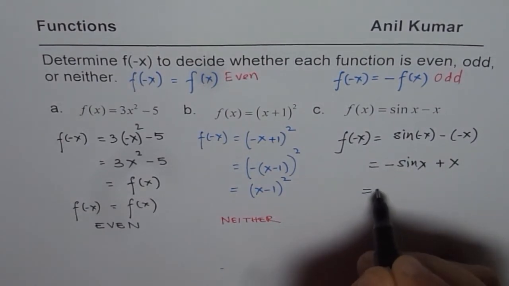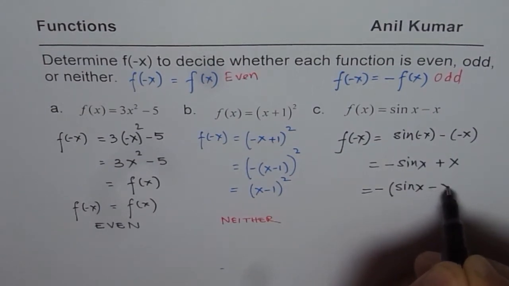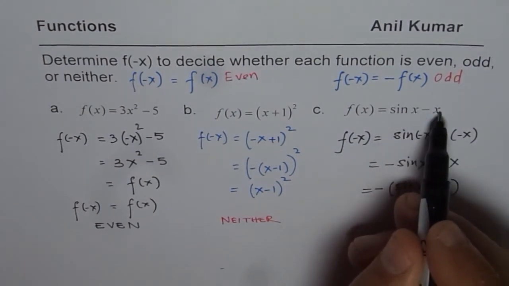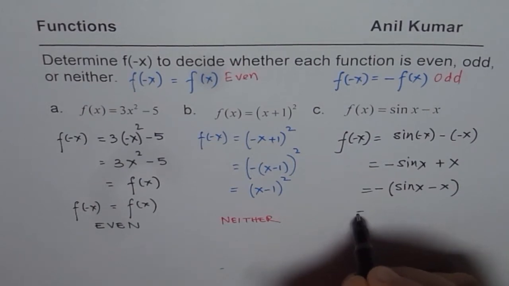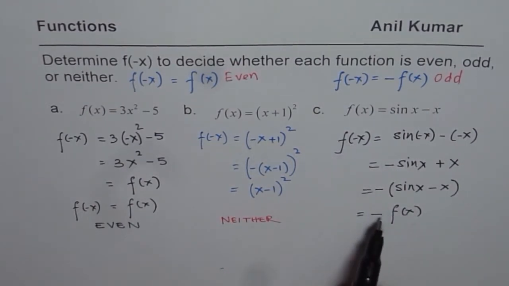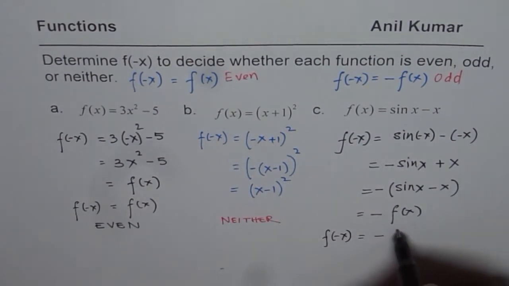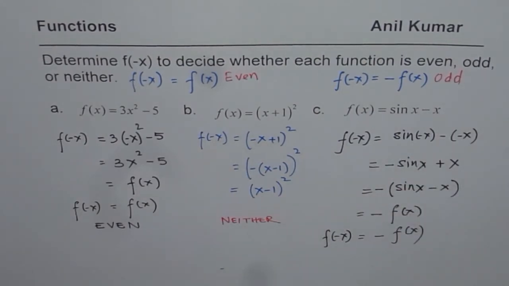Now we can take minus common, and what do we get? We get minus of sine x minus x. Now sine x minus x is f of x. So we could write this as minus of f of x. Now f of minus x is equal to negative of f of x, and therefore it should be odd. You get an idea, right?